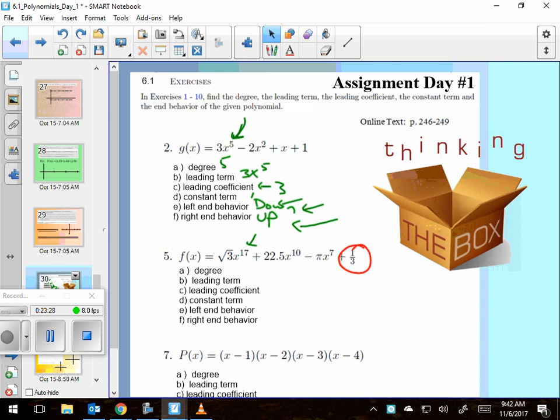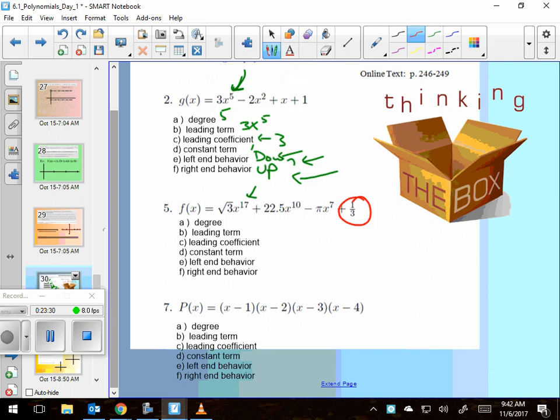All right, and then this last one, here's the trick. You don't have to multiply it all the way out to get this. But do you get if I did multiply it all the way out, I would have an x to the something in it? X to the 4th.